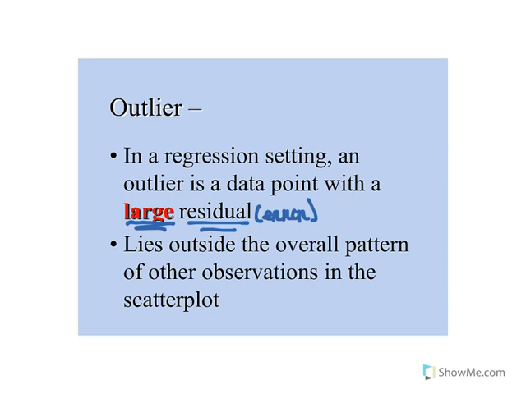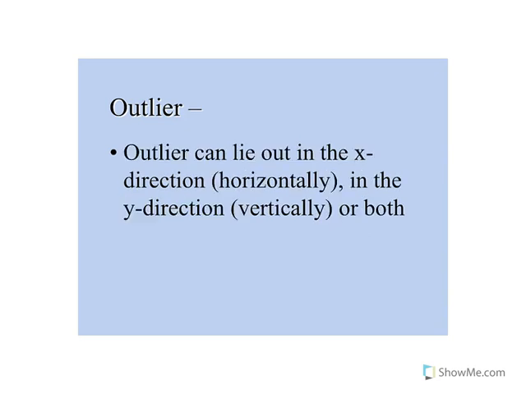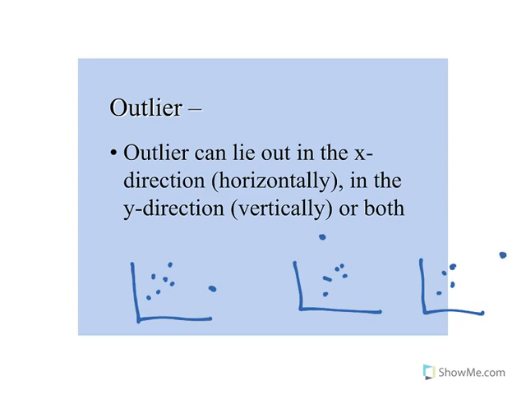If it falls outside the overall pattern of the other observations, we can simply call that point an outlier. The outlier can exist in the x direction, a horizontal outlier, or in the y direction, a vertical outlier, or it can be both horizontally and vertically an outlier.